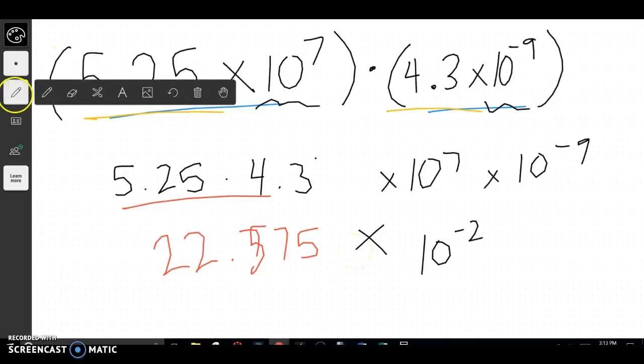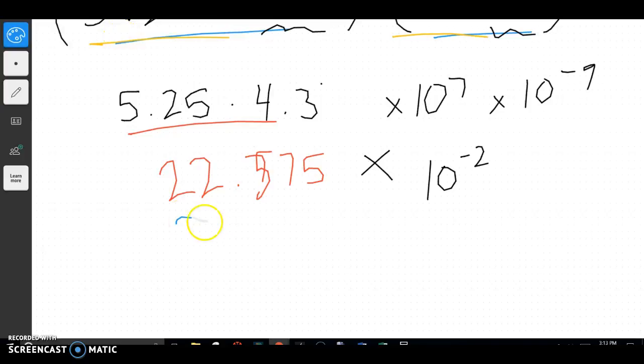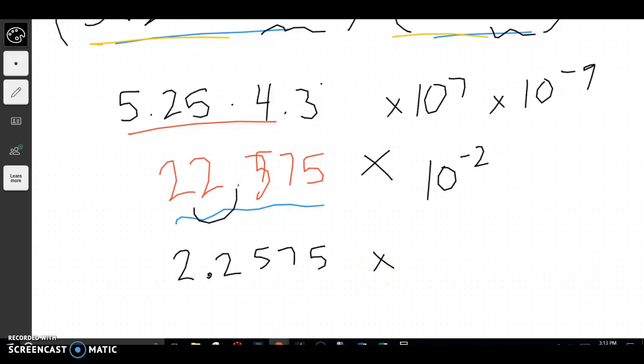Here's the issue with that. Again, this number over here is not in scientific notation, so we need to fix that. Which means I would have to write it as 2.2575. Move that decimal 1 place over.